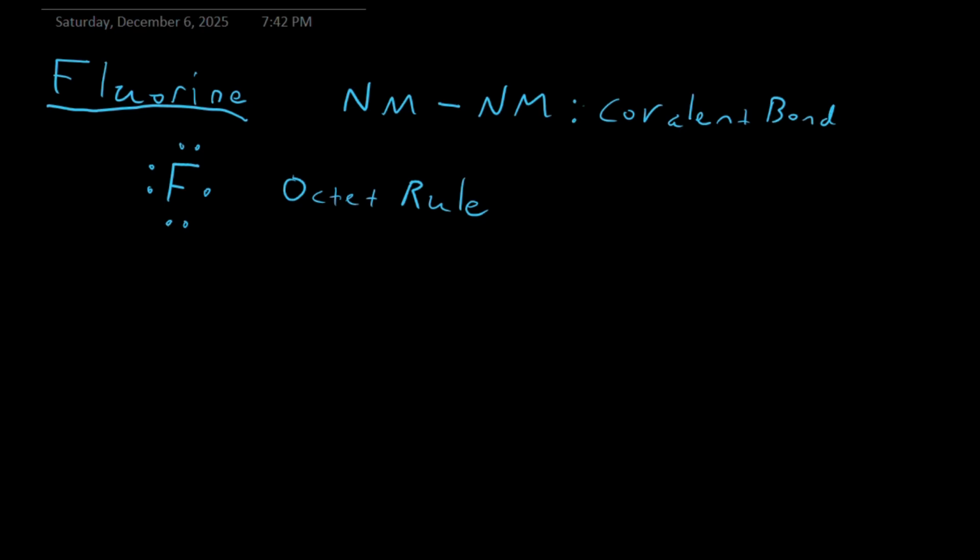So if we have fluorine only, and it needs to share electrons with another fluorine, how many does it need to share to gain enough electrons to meet the octet rule? Well, since it has 7 valence electrons, it needs one more electron to fill that outer shell, satisfy the octet rule, and have a total of 8 valence electrons.